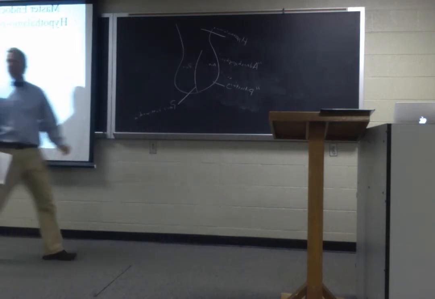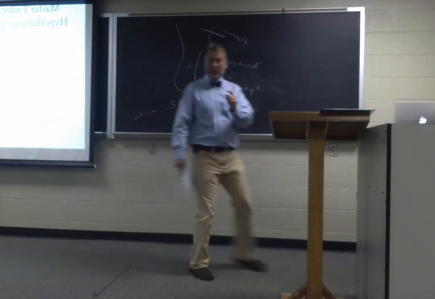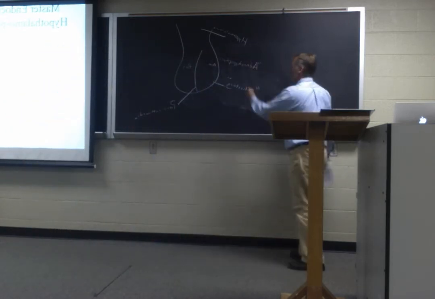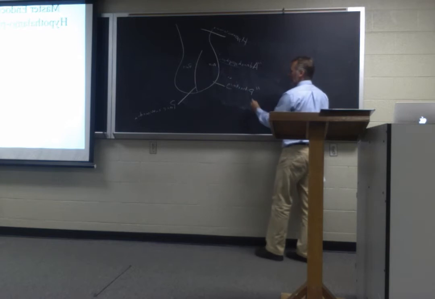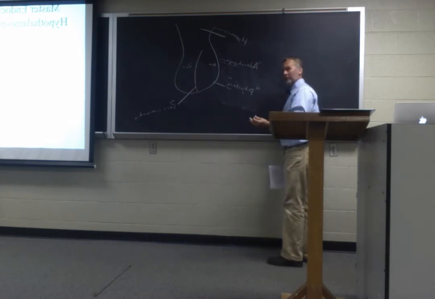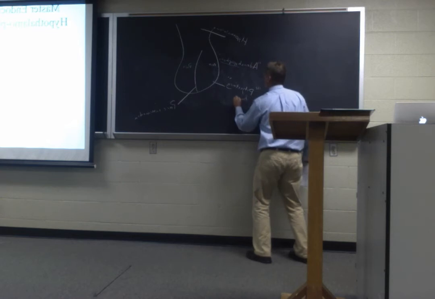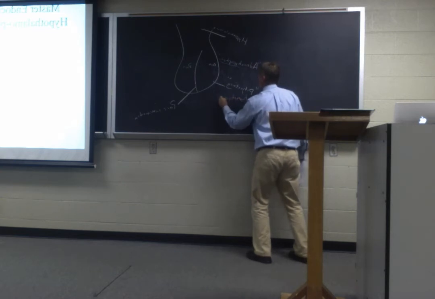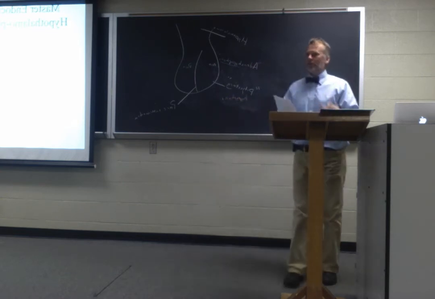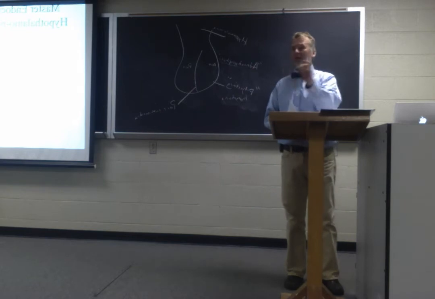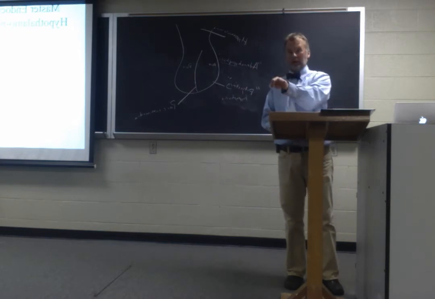Let's look at the etymology of the term adenohypophysis. Hypophysis is the name given to the pituitary. Whenever you read in a textbook the hypophysis, it is synonymous with the pituitary gland. The pituitary is the hypophysis.